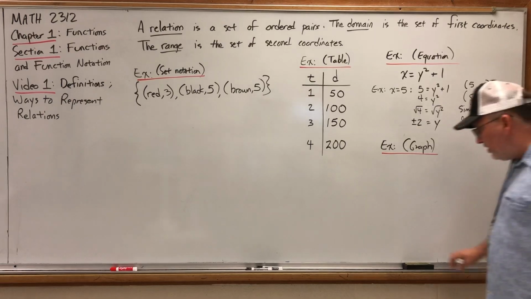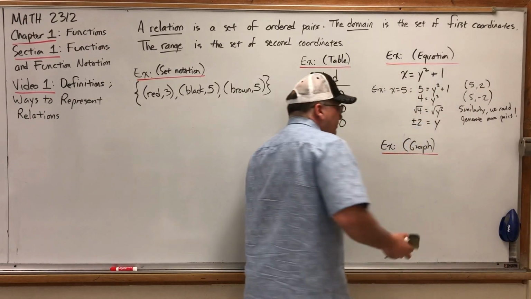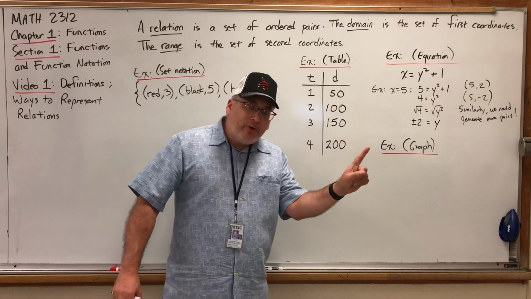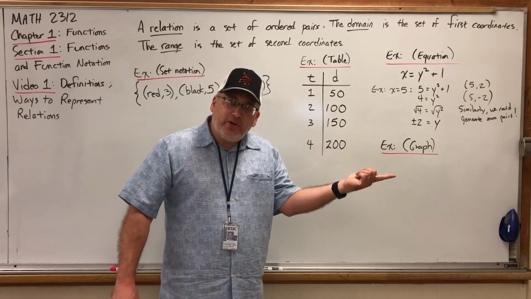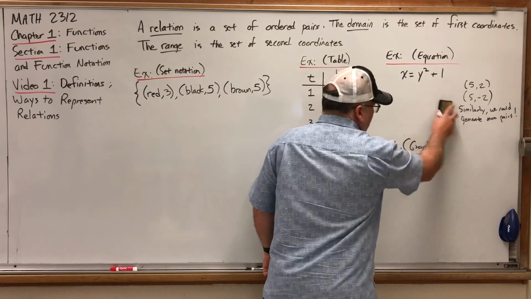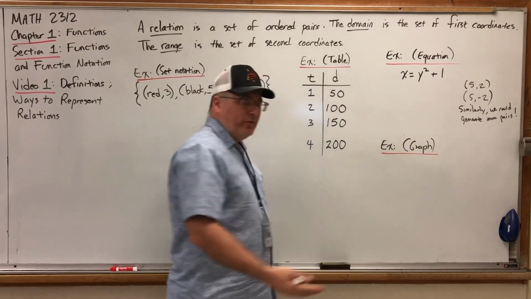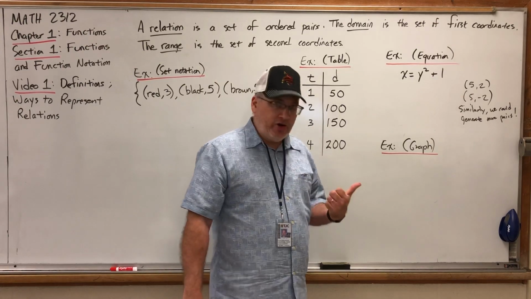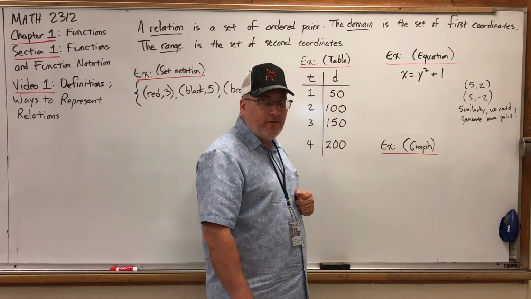In fact, if you wanted to be super generic about it, we could do the exact same thing we just did without substituting a number for the x. In other words, we can make what's called a generic ordered pair for this relation by saying, what would happen if I put in a number for the x and I started solving for the y?